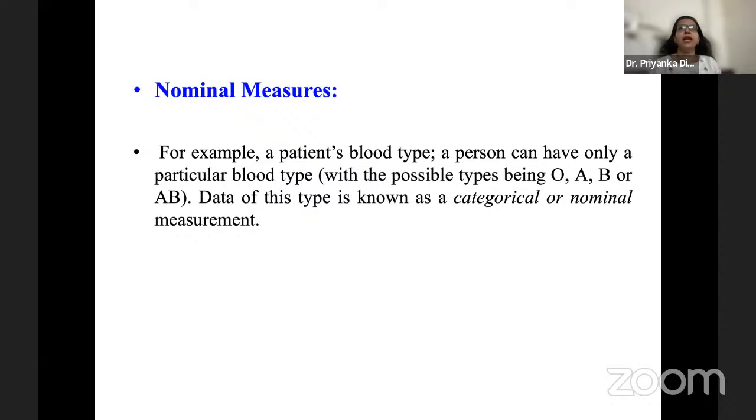And there are variables like, if I ask which state you belong to, or which district, what will you say? Someone will say I'm from MP, someone would say I'm from Chennai or Maharashtra. So this is information which is not actually linked with numbers. But for the purpose of analysis, we assign some numerical values. Let's say if the person belongs to Madhya Pradesh, I will give 1. If Uttar Pradesh, then code 2.